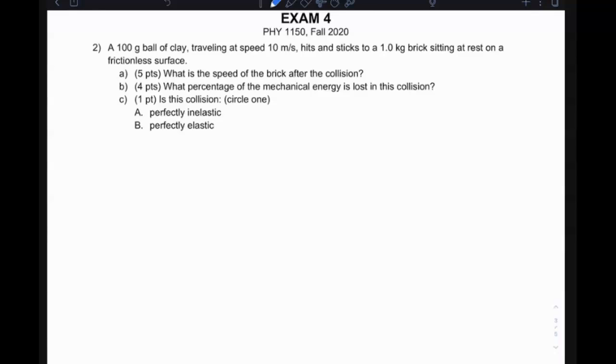So let's draw this example. We have the ball of clay. Its mass is given as 0.1 kilograms, and its velocity is 10 meters per second.